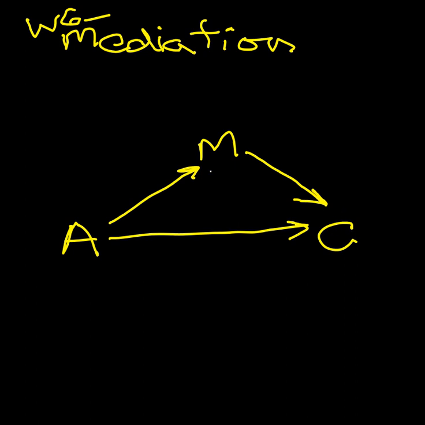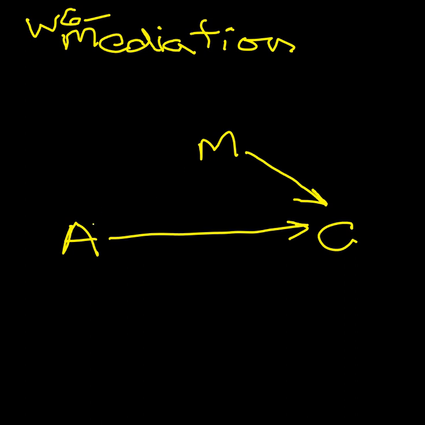Well, testing it isn't as straightforward as we would think, because remember, what we have in regression is we typically have one variable, our typical DV, our Y, and then we have a variable, say X1, that's A here, and X2 is M, and we would have two predictors.